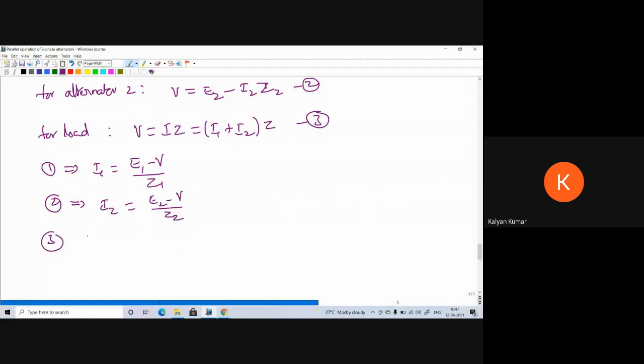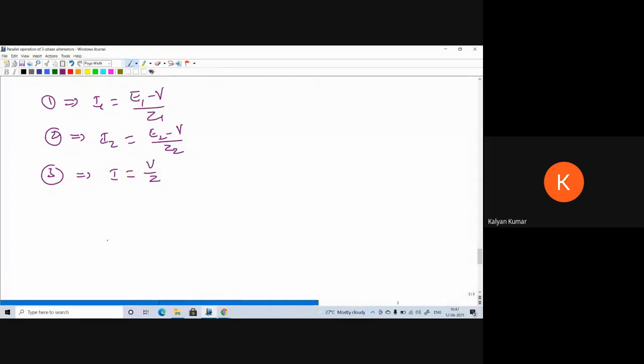From equation 3 we can write I equal to V by Z, and we know that I equal to I1 plus I2. Therefore, V by Z equal to (E1 minus V) by Z1 plus (E2 minus V) by Z2.